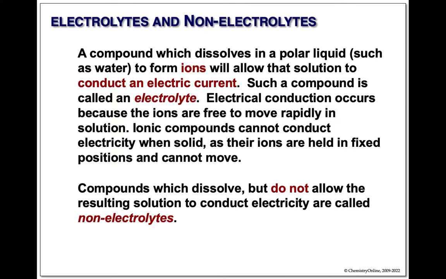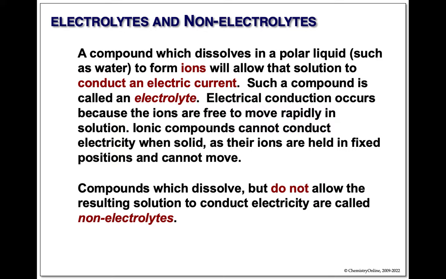If there were no ions in water, it would be an insulator, pure water. We'll see later it's not. But things that conduct an electric current are referred to as electrolytes. Things that do not are non-electrolytes.